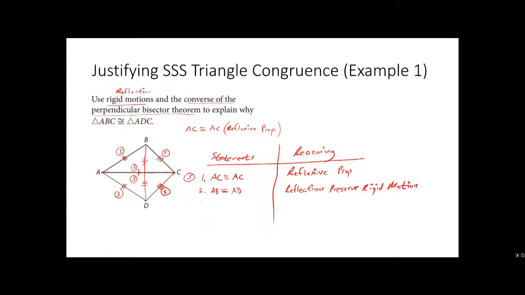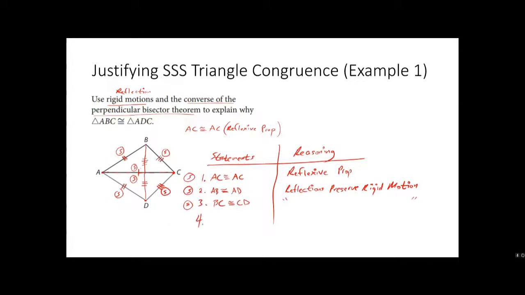And that was our second side. And our third step is BC is going to be congruent to CD, and for the same reason, reflections preserve rigid motion.